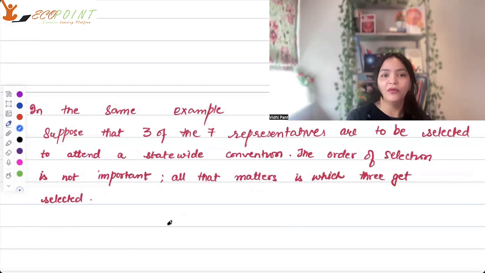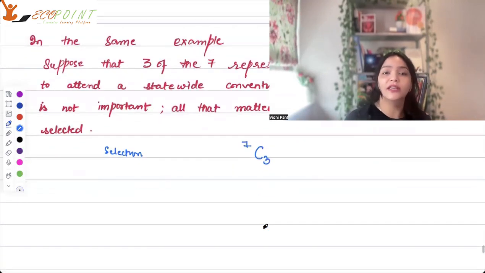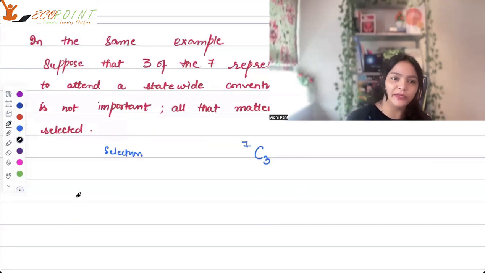And therefore, here you will be using just a selection, or in other words, out of the 7 people, you have to just select, or in other words, combination use करना है, 7 choose 3 करना है आपको. अब इसमें सोचते हैं कि ये नंबर आएगा कैसे. चलिए, अब हमने इसका परम्यूटेशन तो निकाल ही लिया था भाई, राइट? वी हैड कैलकुलेटेड द परम्यूटेशन एंड 210 केसेस आ रहे थे.